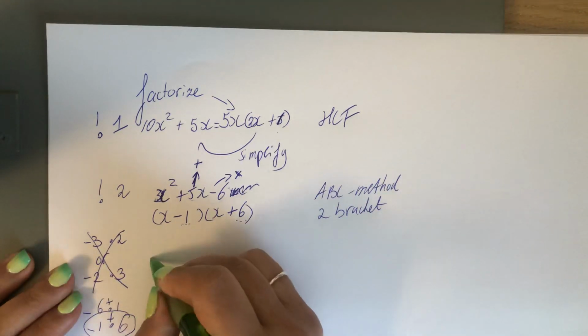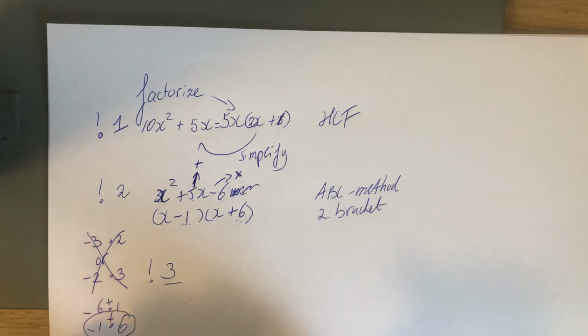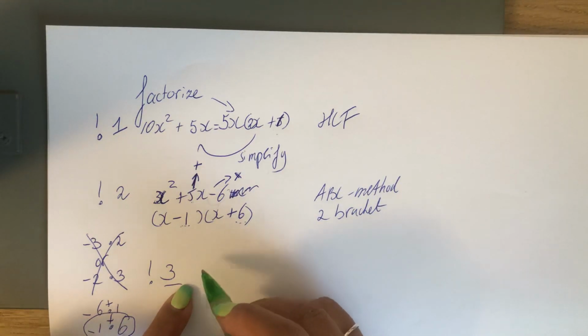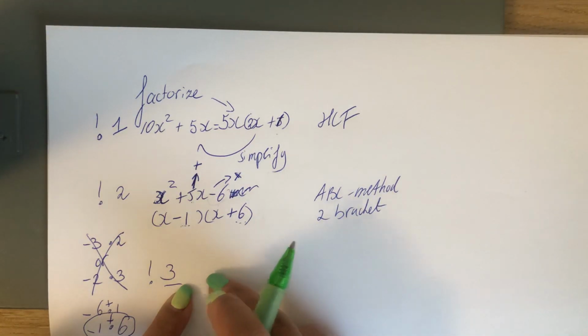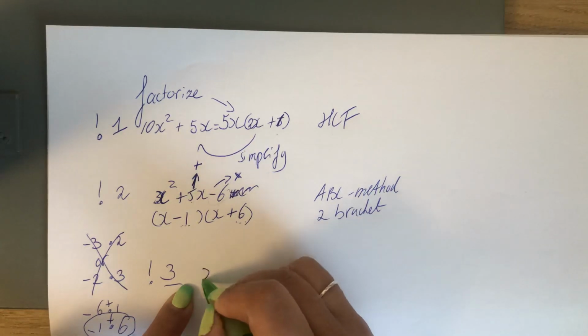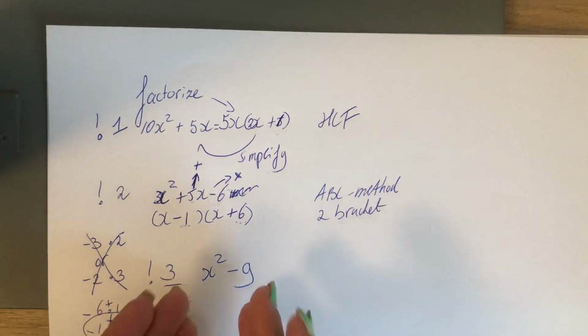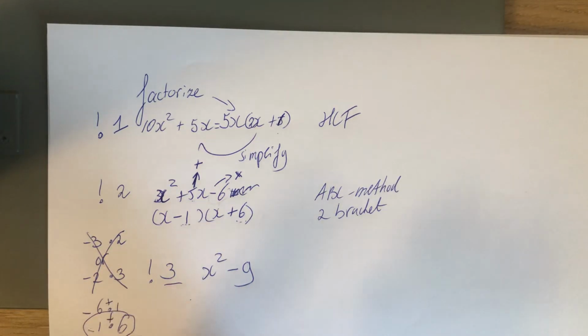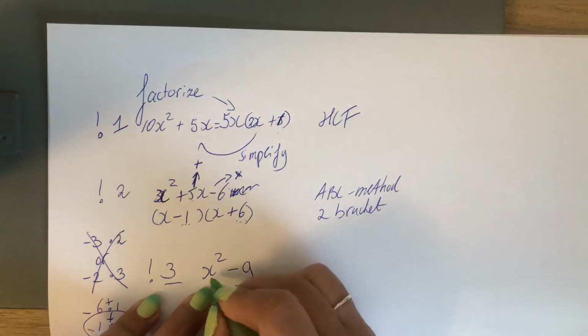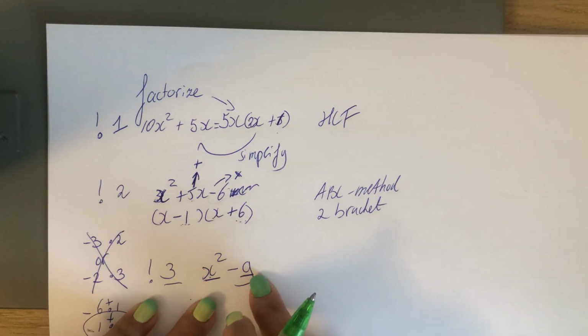Then there is one more, and that's this method. This one is the most difficult one. It is when we talk about special binomials. You must recognize them. So for example, the special binomial x squared minus 9, and it's asked just factorize this. When you see the x squared and the number, you must think of the special binomial.